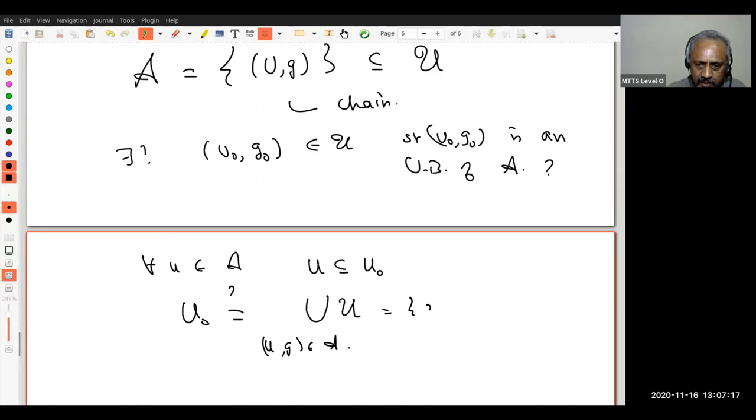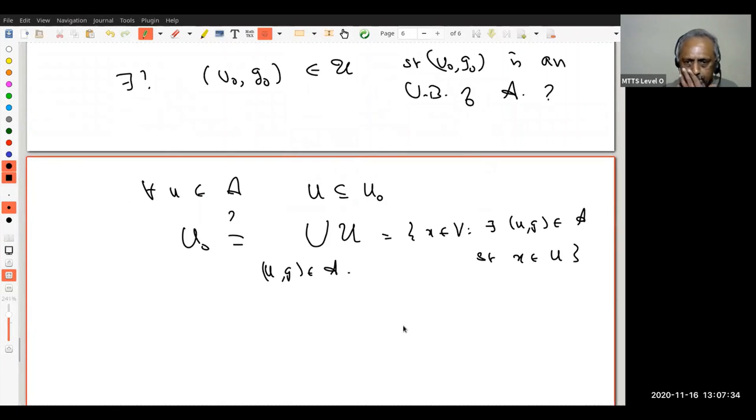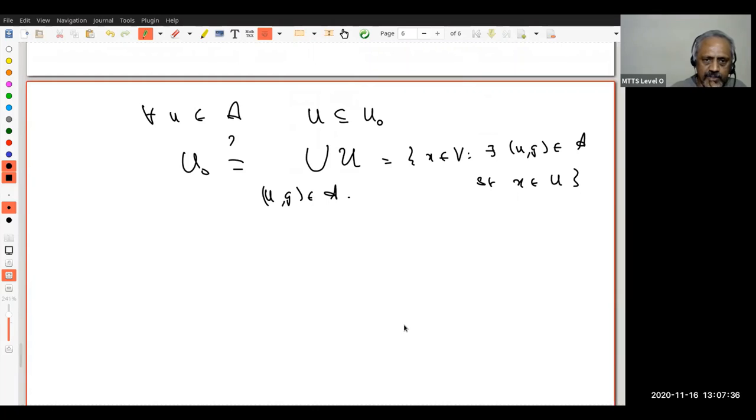This is the set of all x in V so that there exists u, g in script A so that x belongs to u. Remember, V is a vector space. Vectors are in the space V. Yeah. So by very construction, for every u, g in script A, u is contained in u0.